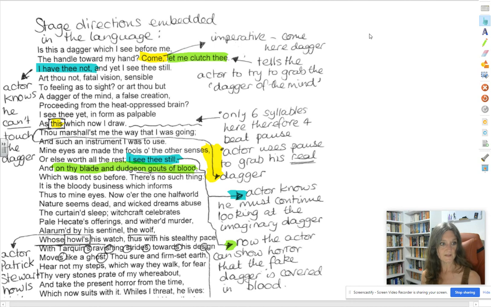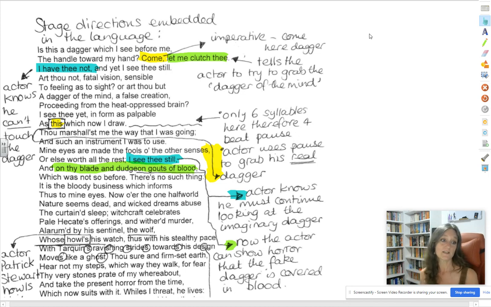Now the actors were brilliant, and they would hold all the lines in their head from goodness knows however many plays. Sometimes an actor would have a small part in one play, but then a leading role in another, so that you'd have fewer lines to learn. So the reason why Shakespeare embedded the stage directions into the language was almost like a memory jogger for the actor. They're actually saying the line, and the line tells them how to act.